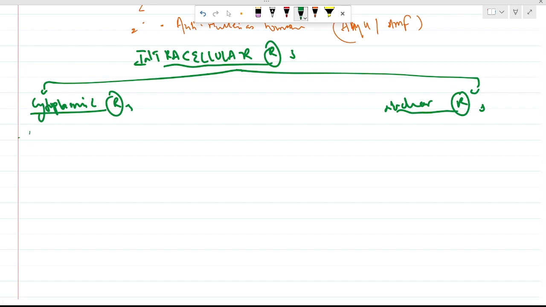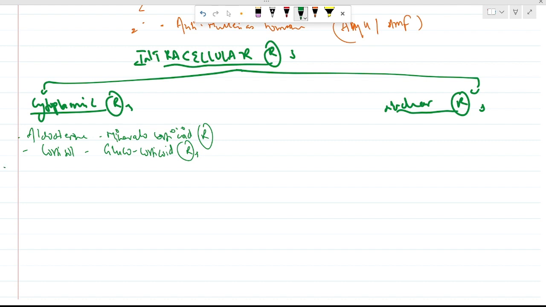First is aldosterone. Aldosterone is a mineralocorticoid, so it acts through the mineralocorticoid receptor. Next one is cortisol, a glucocorticoid, so it acts through glucocorticoid receptors.